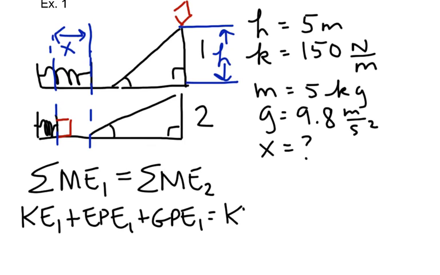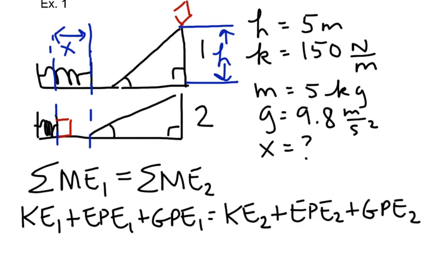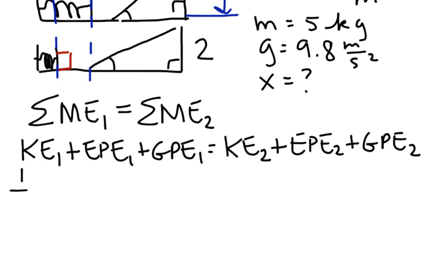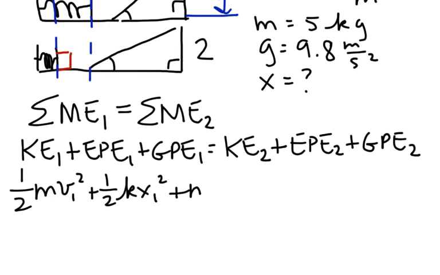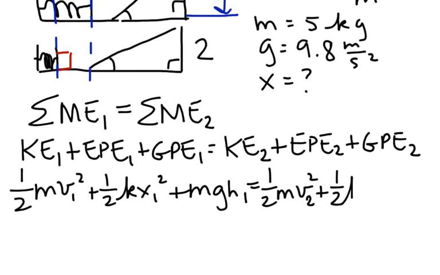That's equal to the translational kinetic energy in 2 plus the elastic potential energy in 2 plus the gravitational potential energy in 2. Writing out the formulas, that's 1/2 mv sub 1 squared plus 1/2 kx sub 1 squared plus mgh sub 1. That's equal to 1/2 mv sub 2 squared plus 1/2 kx sub 2 squared plus mgh sub 2.